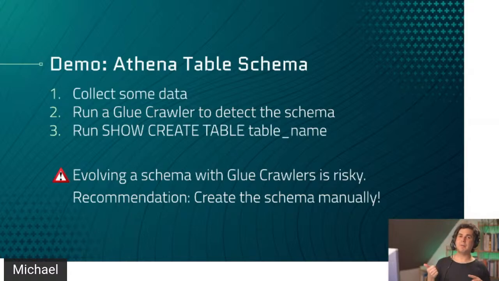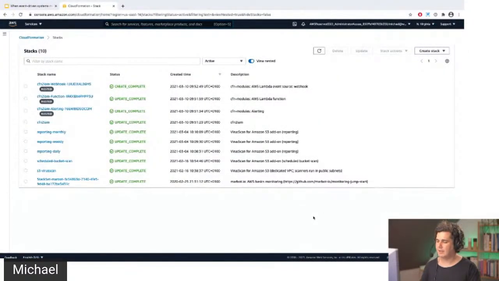So step one is to wait some time until enough data is in your S3 bucket. Then you run the Glue crawler to detect the schema. And then you can look at the schema definition and see what Glue discovered. And if there are any tweaks that you want to do, you can then modify the table schema. So let's switch into the AWS console and do exactly that.